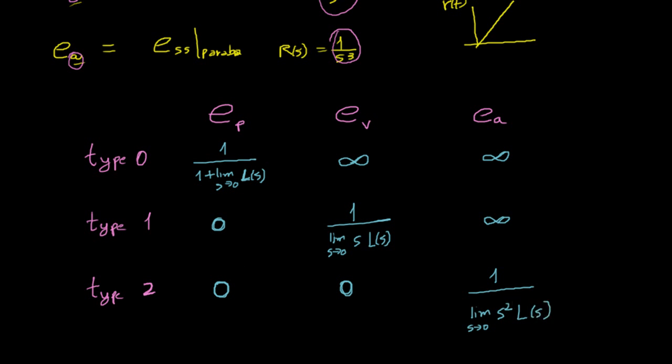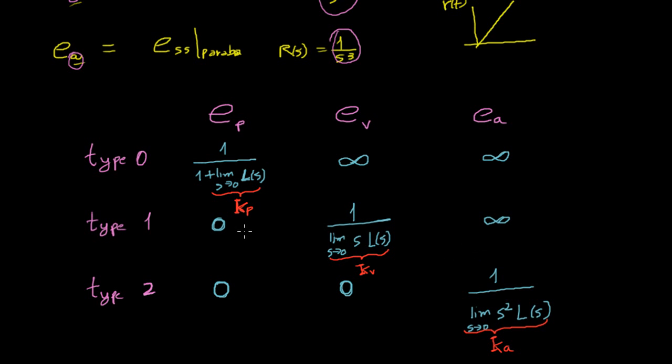Okay, well, in the books they also define this term here as capital Kp, or the position error constant. This is denoted as capital Kv, or velocity error constant or coefficient. And this one here is often called Ka, or acceleration error coefficient.